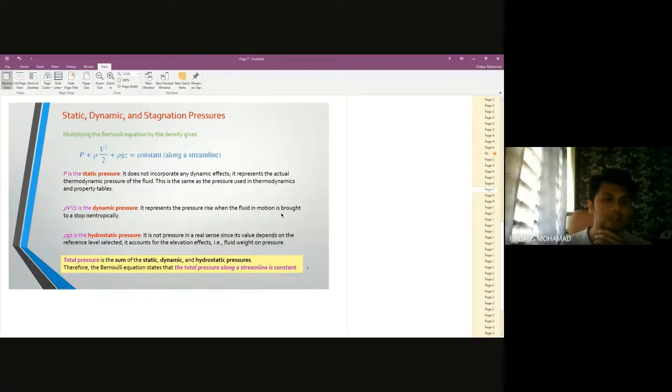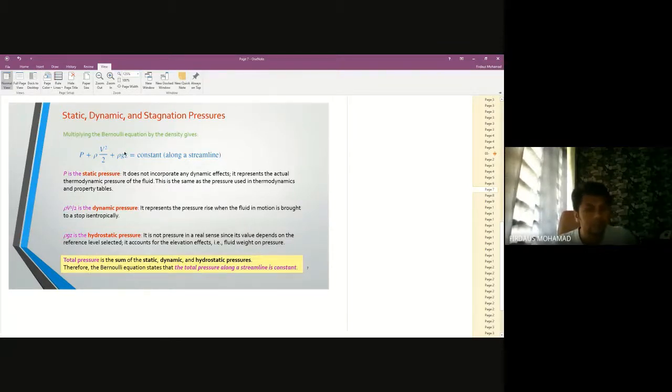Okay, and then last kali hydrostatic pressure. It is not pressure in real sense since its value depends on the different levels, but they depend on depth ataupun depend on Z. It accounts for elevation effect, for example, fluid weight on pressure.